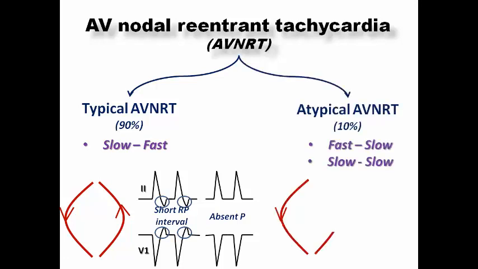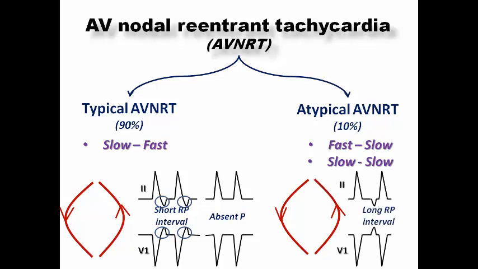We have another type of AVNRT, the atypical AVNRT, which occurs in about 10% of patients, in which it is reversed. It may be fast-slow or slow-slow. Fast-slow means that the antegrade conduction passes through the fast pathway and then retrograde through the slow pathway. Or we have two slow pathways with differences in conduction velocity and refractory period, so antegrade in one slow pathway and retrograde in another slow pathway.